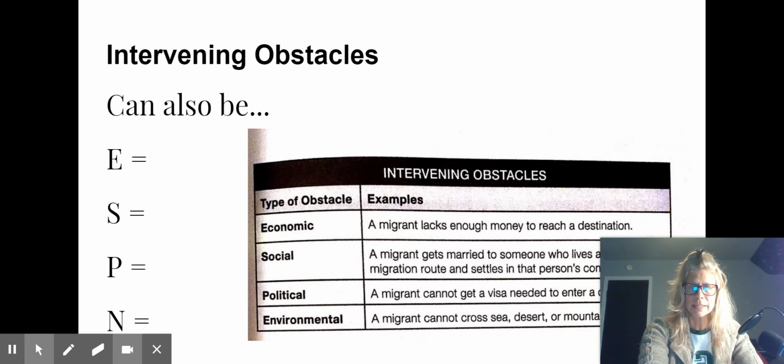A social example could be people that he meets along the way, or this actually has this migrant getting married to someone along the migration route, which is kind of cute. And then a political intervening obstacle could be when a migrant can't get a visa to enter a new country, right, because of laws. And then an environmental intervening obstacle could be when a migrant can't cross a piece of landscape, or it could be distance, such as a sea, a desert, or a mountain. That would be an environmental intervening obstacle.